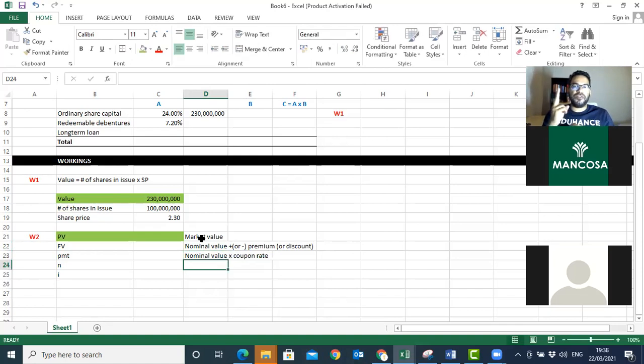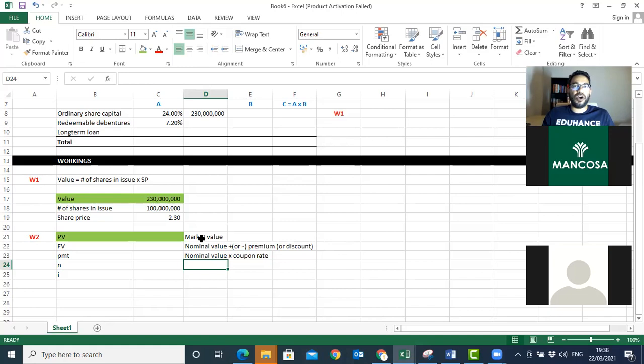Remember, they'll generally give you 2 rates, a coupon rate and a market rate. The coupon rate is the rate agreed upon between you and the bank, whatever the contractual rate is. The market rate is the rate you would obtain today if you were to take that exact same contract out today.